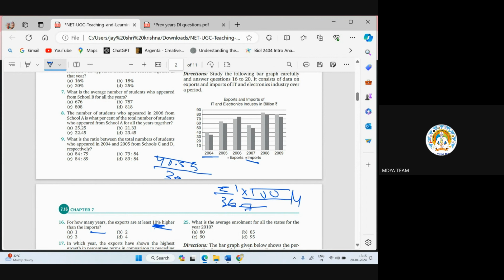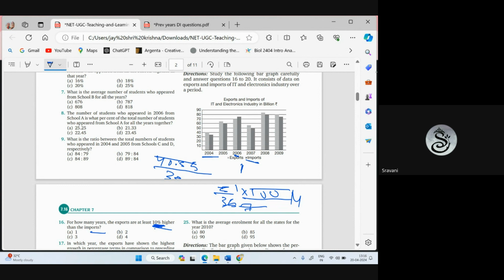Don't go for a point where exports are lower. Like in 2006, exports are lower, so even if it is lower than 10%, you will not include this value because here exports are lower than imports. You have to only select those years where exports are higher than imports.